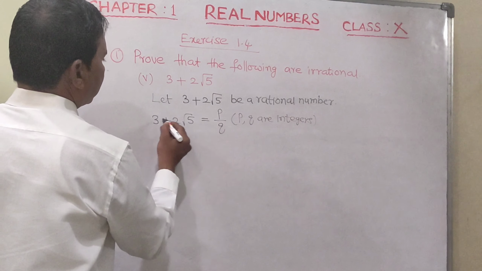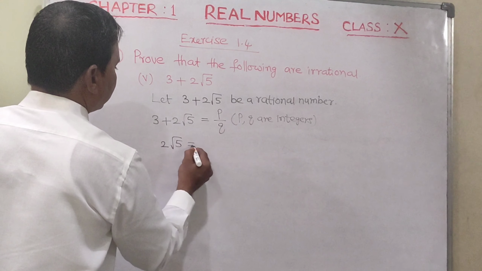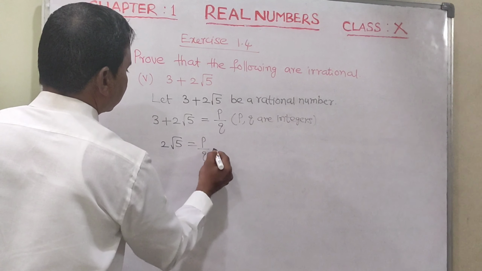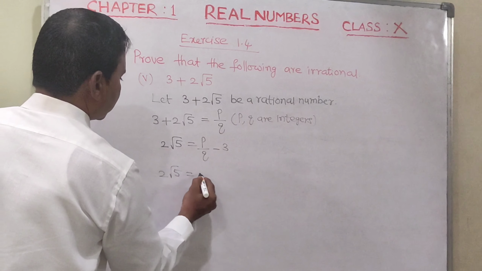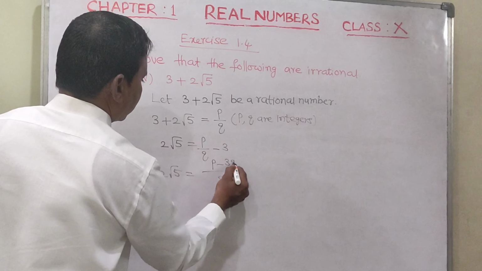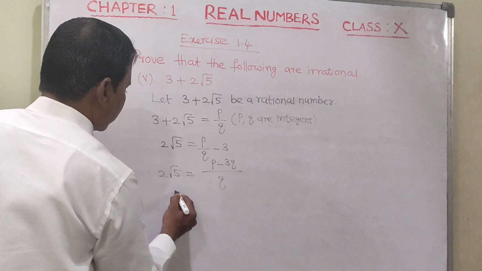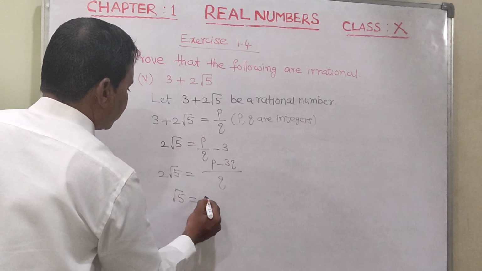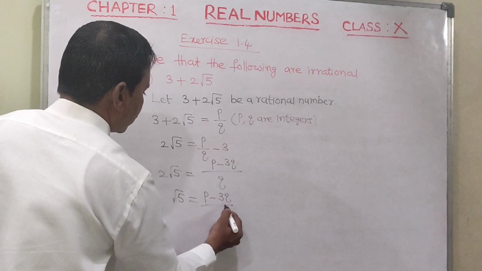If you take 3 to the RHS, 2 root 5 equals p by q minus 3. Taking LCM q, 2 root 5 equals (p minus 3q) by q. Take this 2 to the denominator, we get root 5 equals (p minus 3q) by 2q.